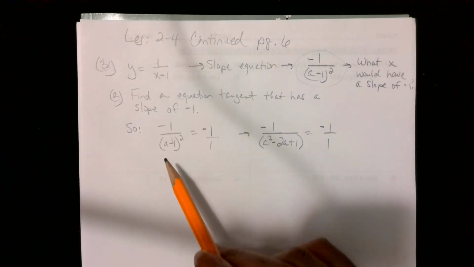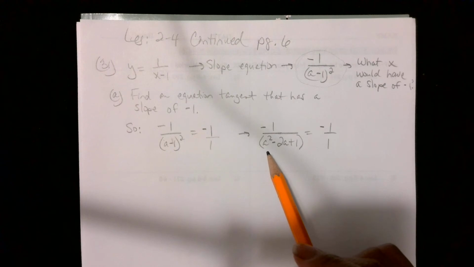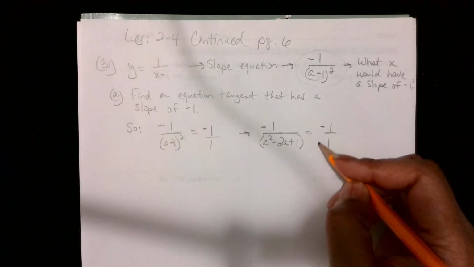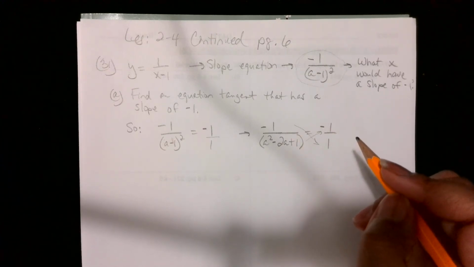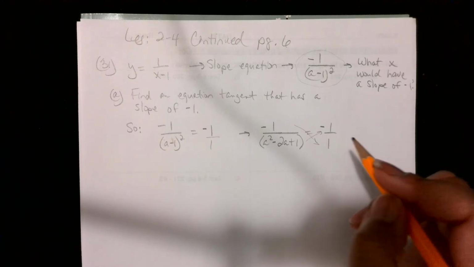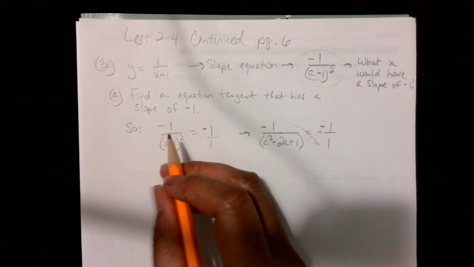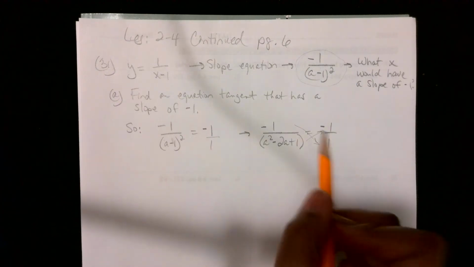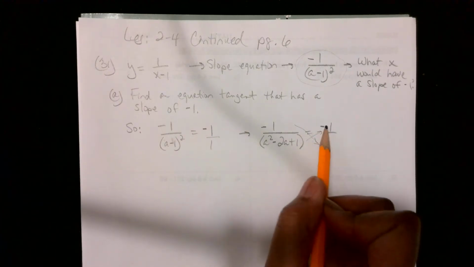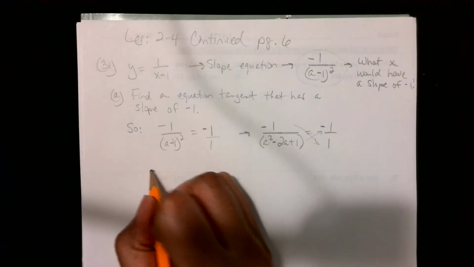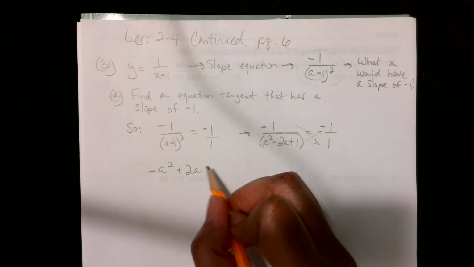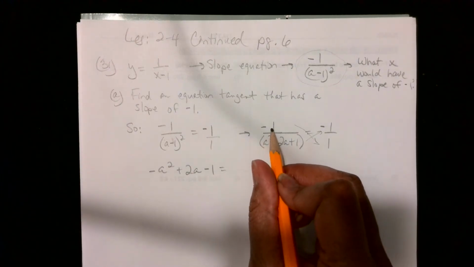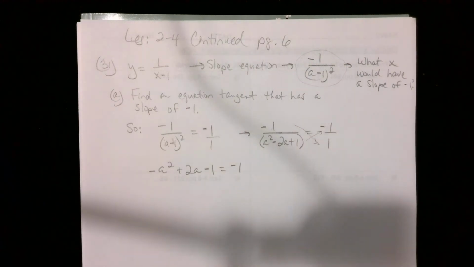So this is a minus 1 times a minus 1. And that'll give us a squared minus 2a plus 1. So now we cross multiply this. We get, all this becomes its opposite. So we get negative a squared plus 2a minus 1 equals negative 1 times 1 is negative 1.